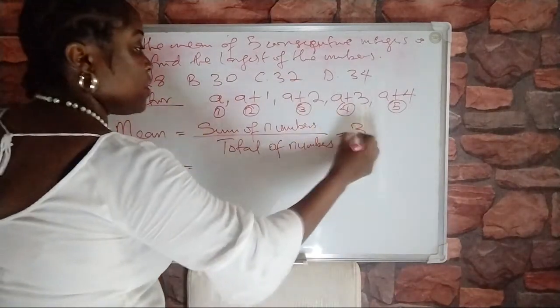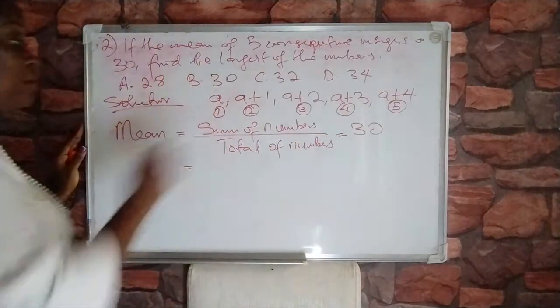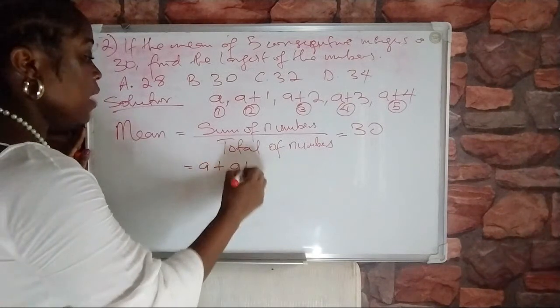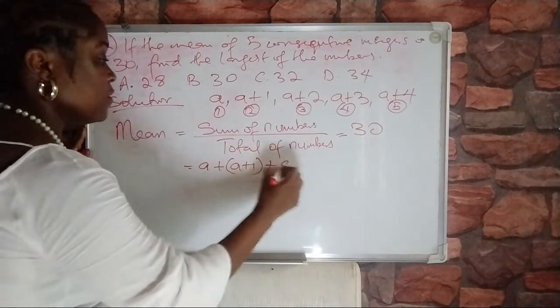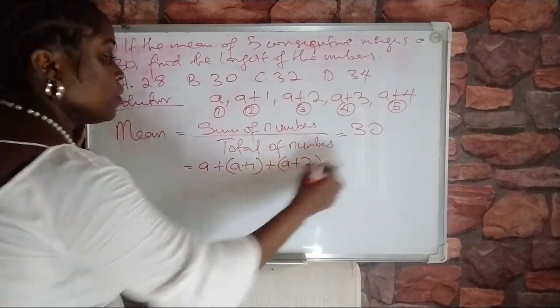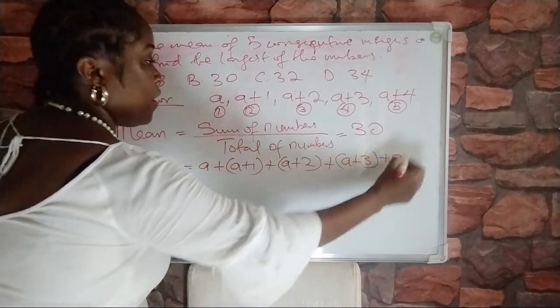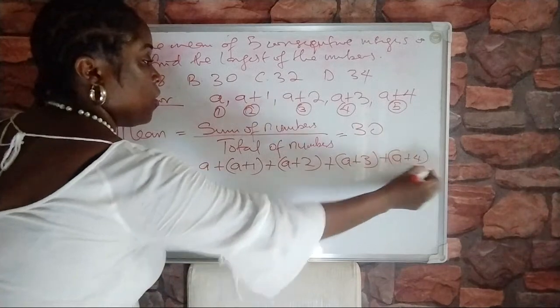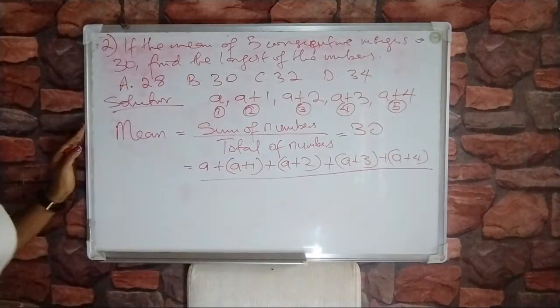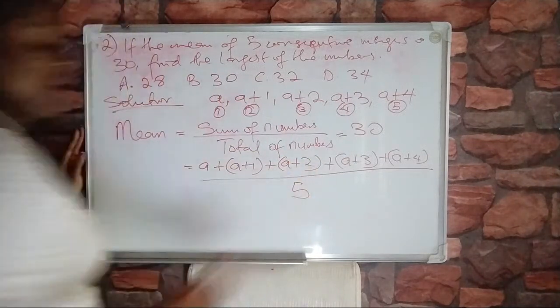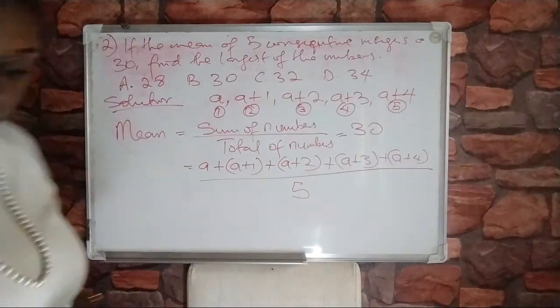Our mean is 30. So the sum of numbers will be A plus 1 plus A plus 2 plus A plus 3 plus A plus 4, all over how many numbers? 1, 2, 3, 4, 5. We have 5 numbers.